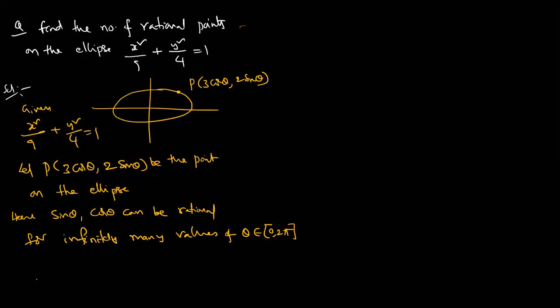Sin theta, cos theta can be rational numbers. Theta belongs to the closed interval 0, 2 pi. On the circle, how many points are there? Infinitely many points are there. So infinitely many rational points are existing. So therefore, there are infinitely many rational points.